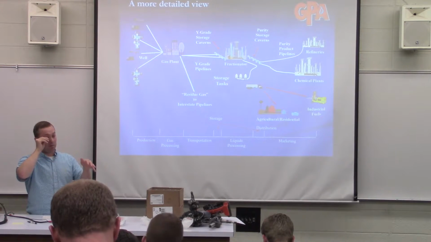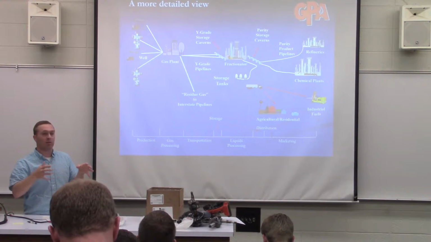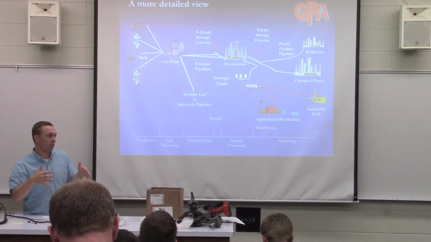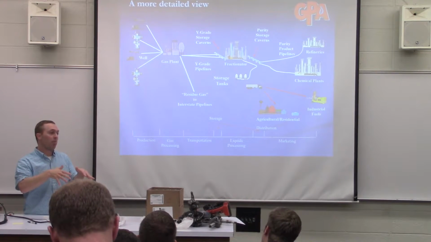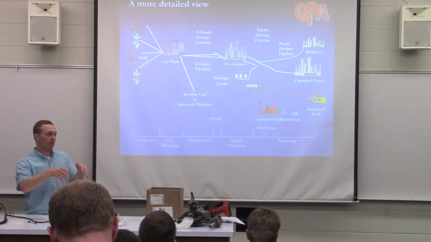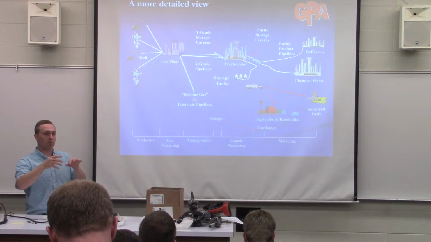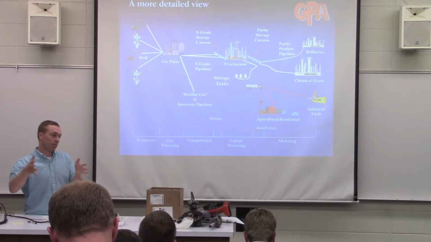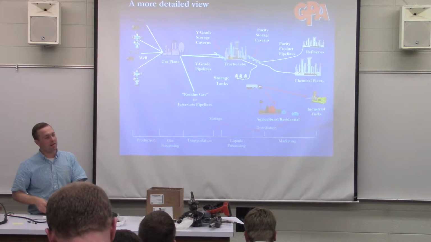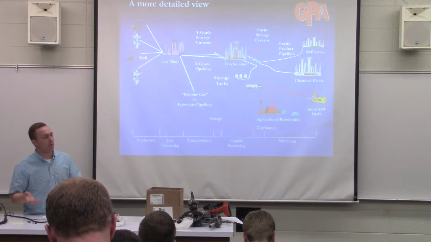Gas is sold not on a volume basis, but on an energy basis, by BTU. But the composition matters because you could get to the same BTU value with different compositions of gas. It all comes into our plant, and we'll have recovery percentages.